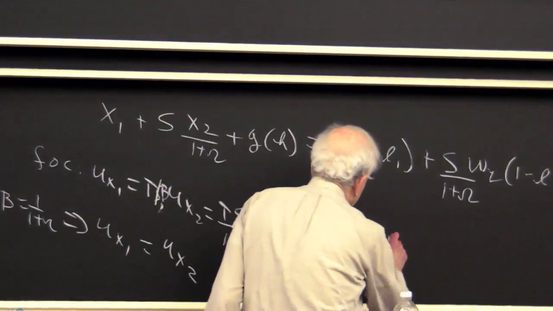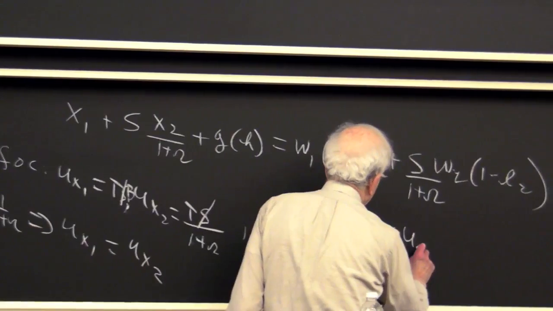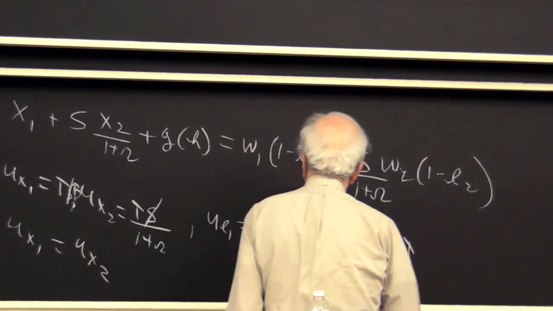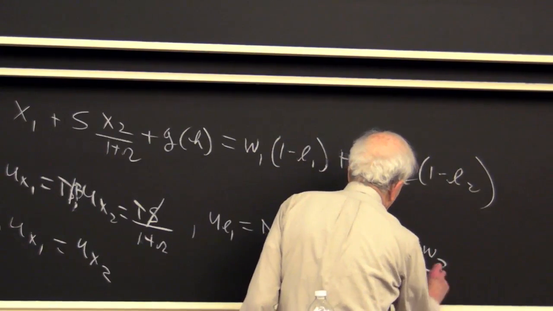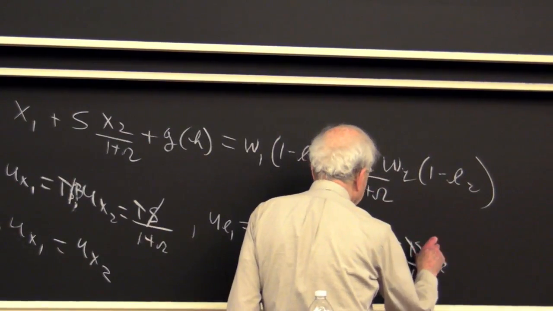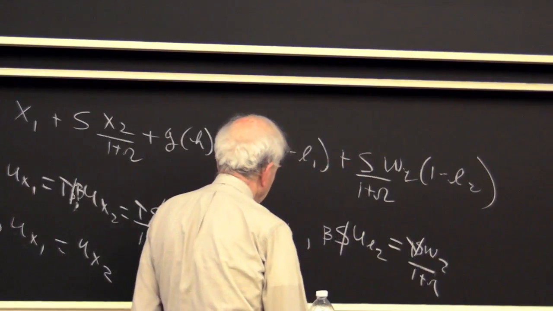And then we would have the same thing for beta S times UL2 is equal to lambda W2 S over 1 plus R. And the S drops out on both sides.